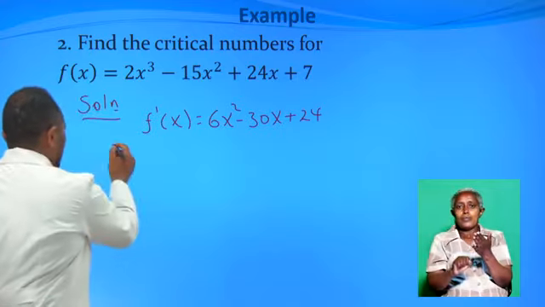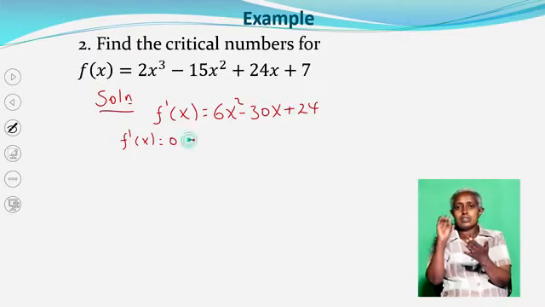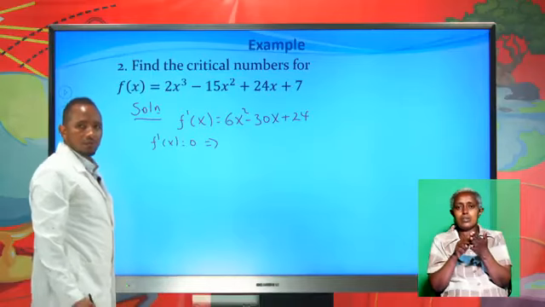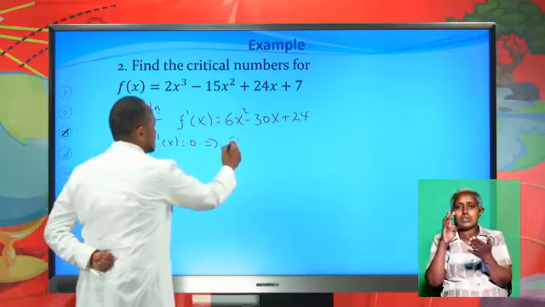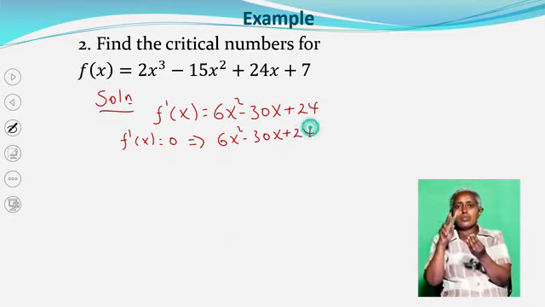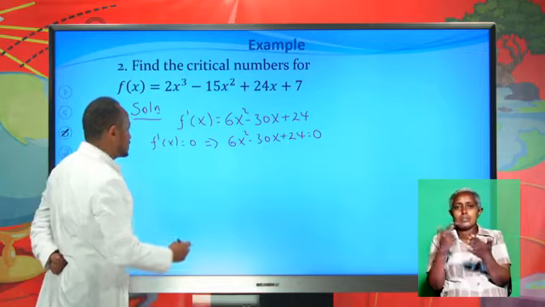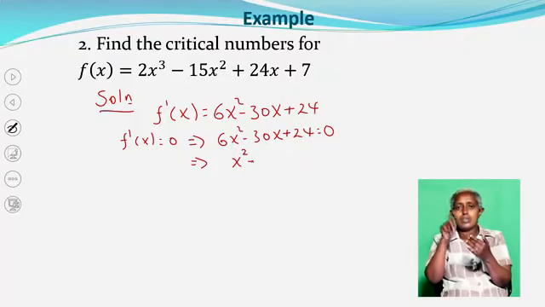So the derivative of our function is 0, which implies that this expression is 0. Therefore here 6x squared minus 30x plus 24 is equal to 0. And then divide this by 6, you get x squared minus 5x, and you divide 24 by 6, you get 4, is equal to 0.